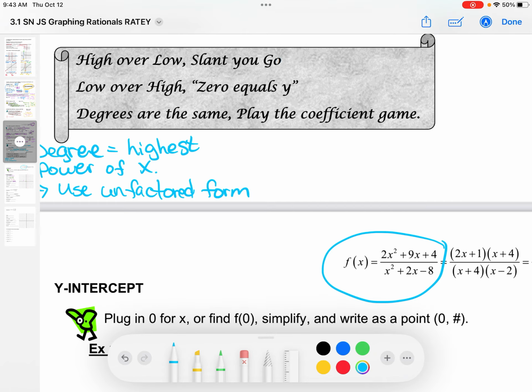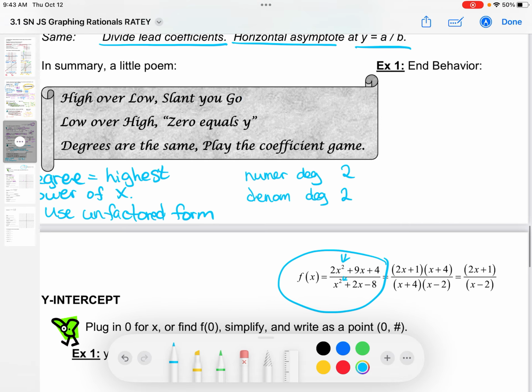So in our original unfactored form, the degree in the numerator is 2, second power. In the denominator, that degree is 2, second power. So we have a degree 2 over a degree 2, which means they are the same. And when they are the same, we play the coefficient game.